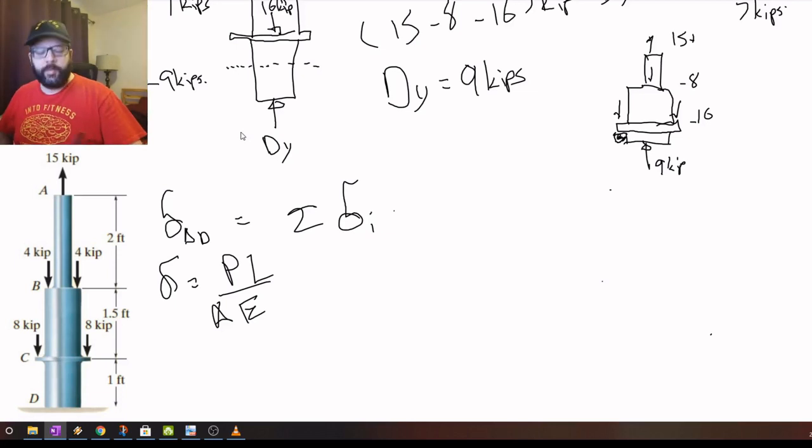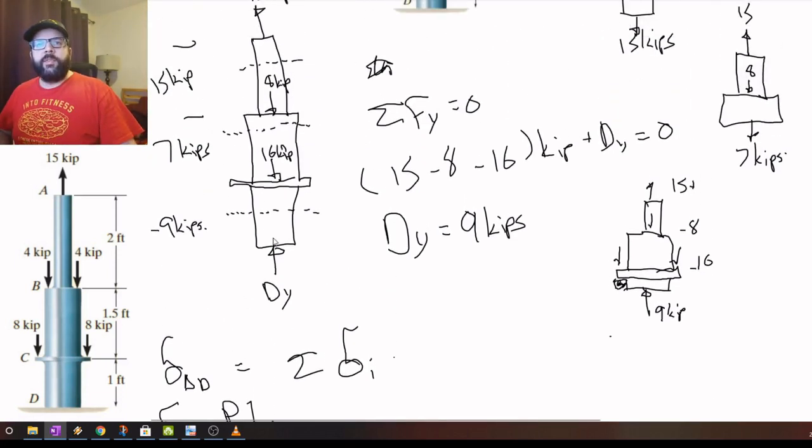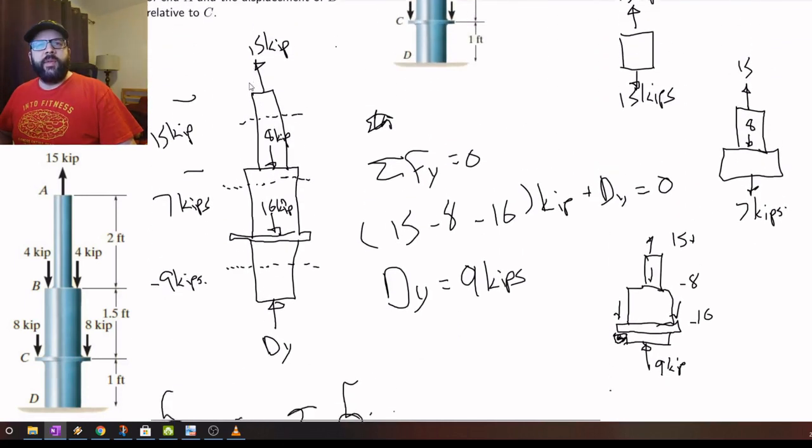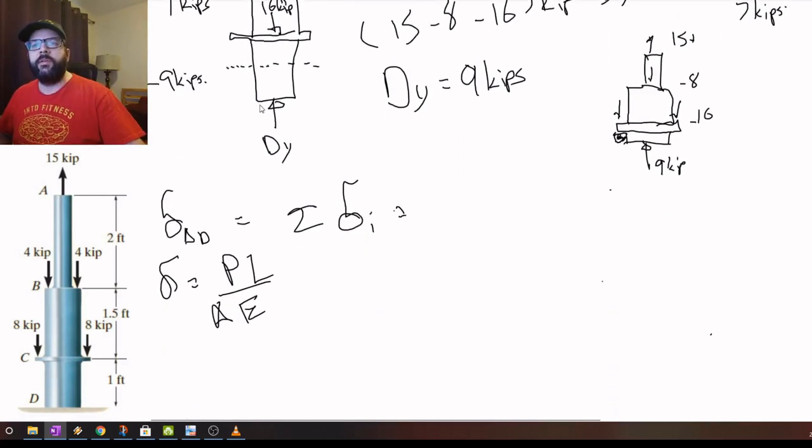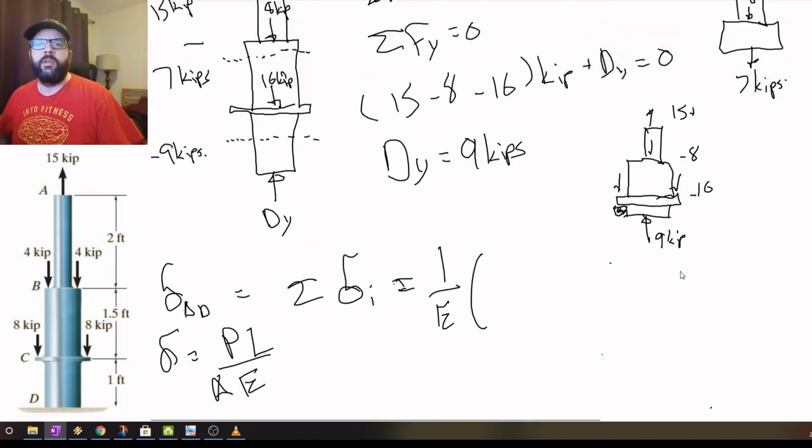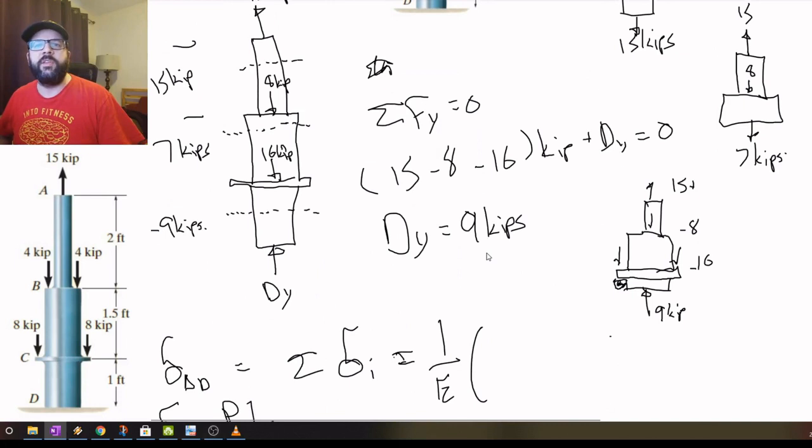So if we break it up into the three sections, the one constant we have there is the E. So we can just put the 1 over E here, and then split it up into kind of the PL over A terms for each of these.